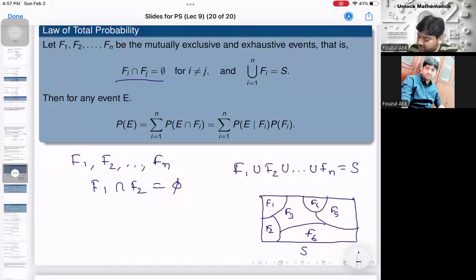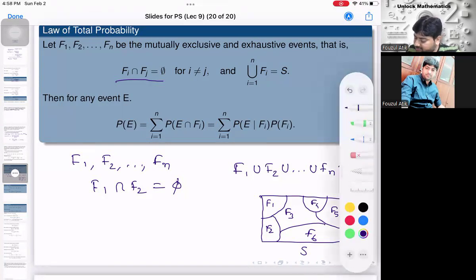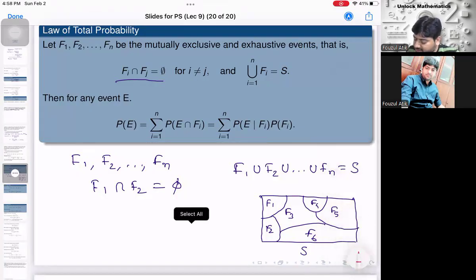Now, suppose you have another event E, any general event in the sample space. The red colored one is the event E. Then we can see that this event E can be written in this form.